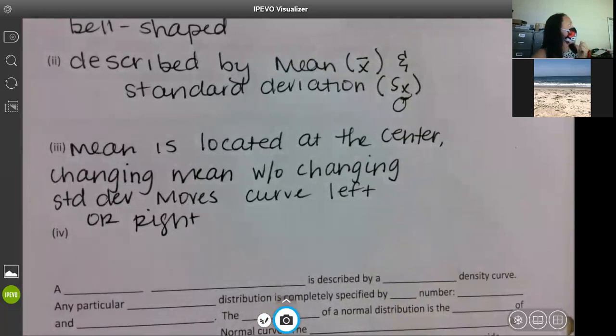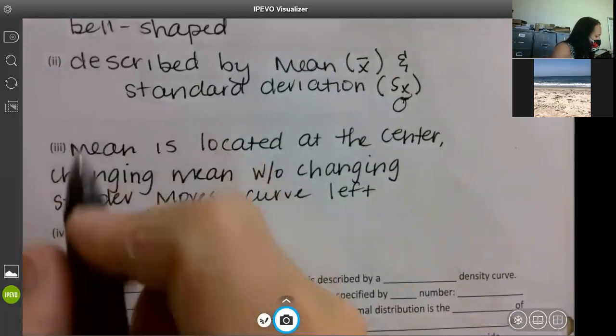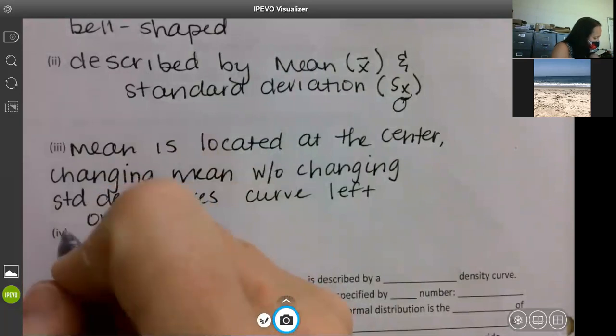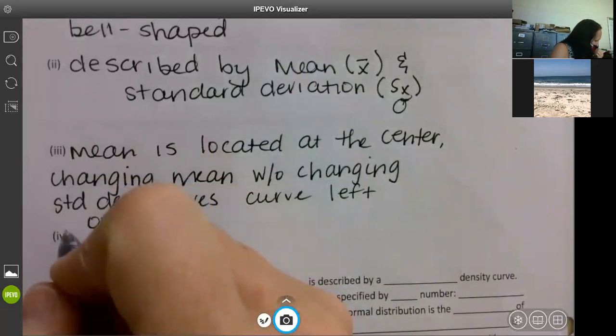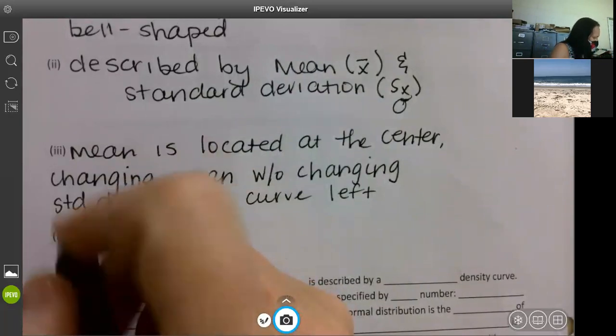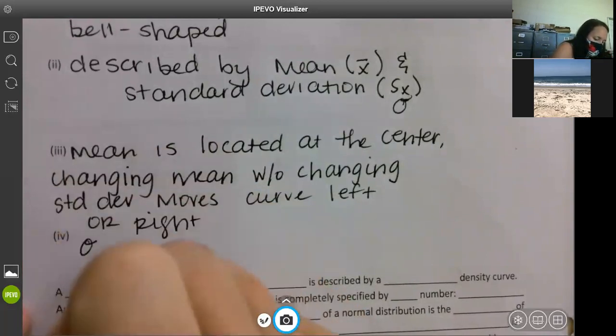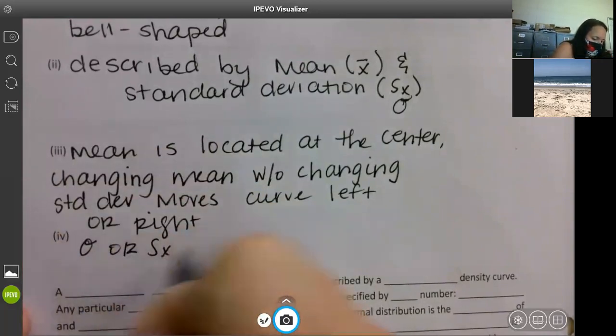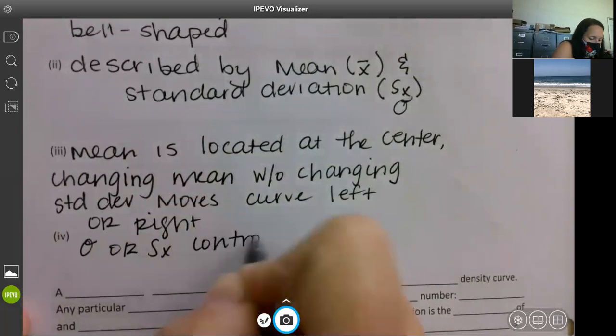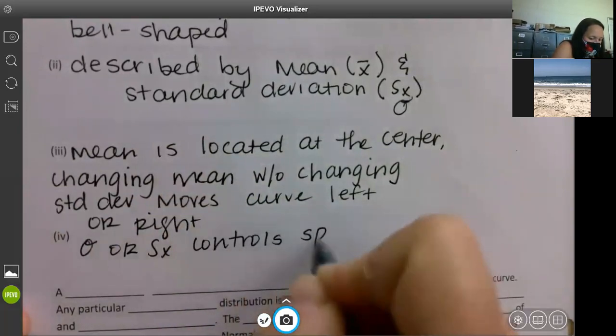If you change the mean, remember if we make the mean plus 4 or plus 5, it's going to move to the right. If you make it minus, it's going to move to the left. That's it. And then your standard deviation controls your spread.